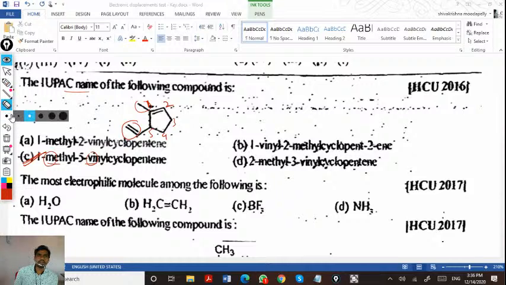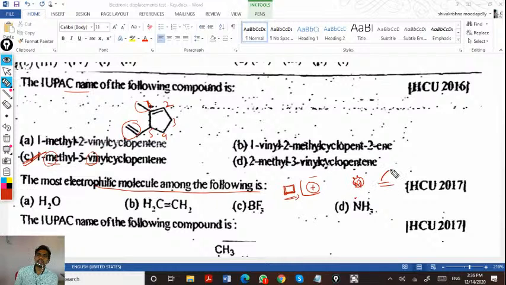Okay, so next: the most electrophilic molecule among the following. Generally electrophiles must have an empty orbital or a positive charge. If it is a nucleophile, it must have lone pairs, for example NH3, or it must have unsaturation or pi electrons, for example ethylene.